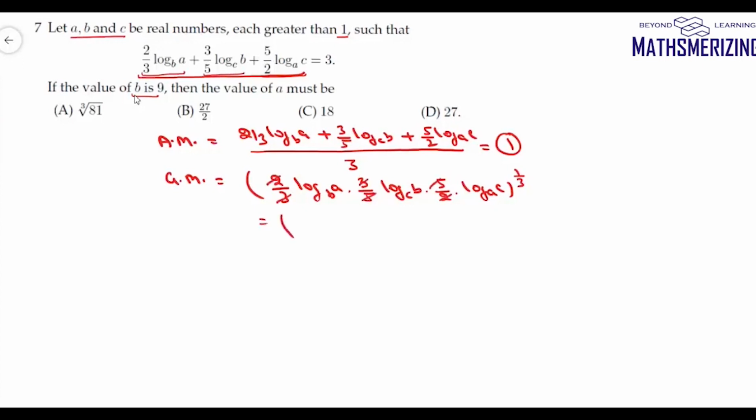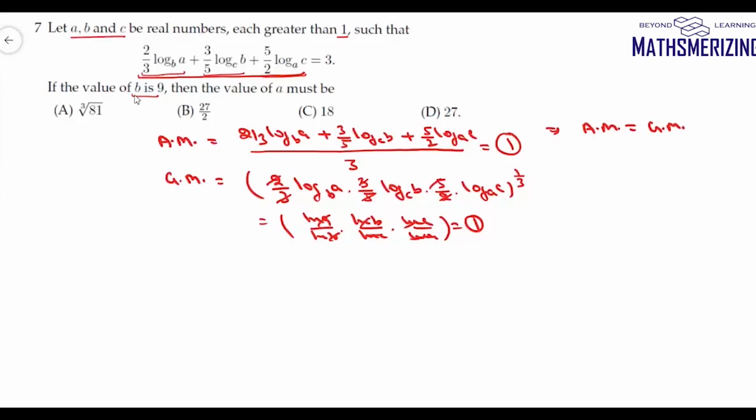Now this log a base b is simply log a upon log b. This is log b upon log c and this is log c upon log a. So here also everything gets cancelled. So geometric mean for these 3 numbers is also 1. So that means I'm getting this condition where arithmetic mean is same as geometric mean for these 3 given numbers.